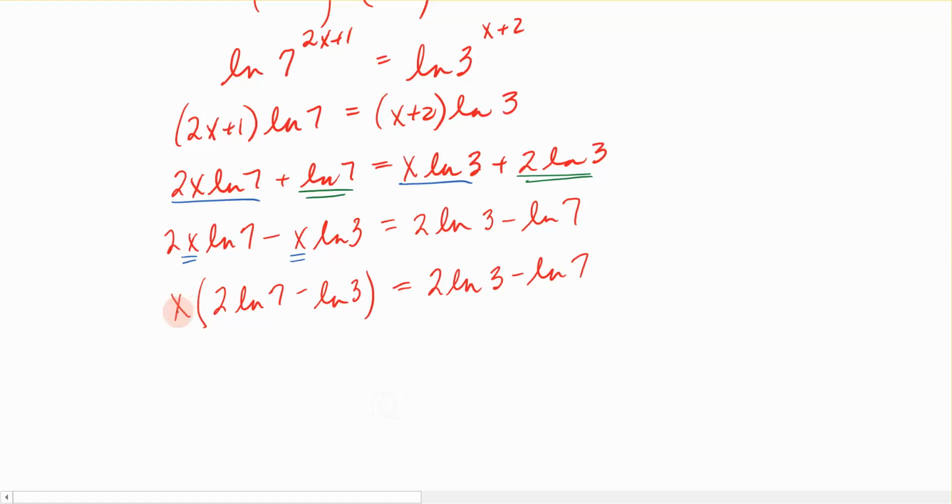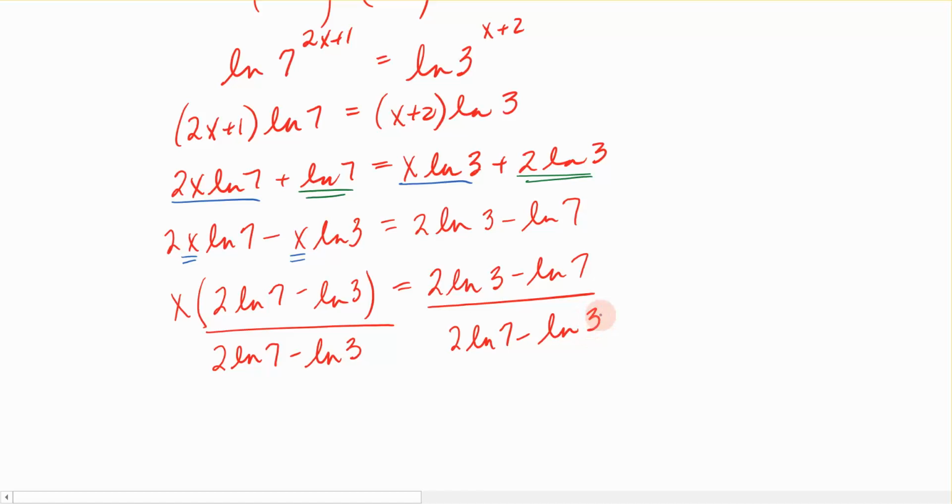Again, we're still trying to solve for the variable x, and this is just a number. It looks like a big mess, I agree, but it is still just a number. And when we try to get the variable by itself, we divide off this number. So I'm going to divide both sides by 2 ln 7 minus ln 3.